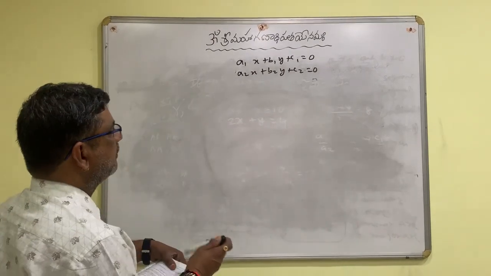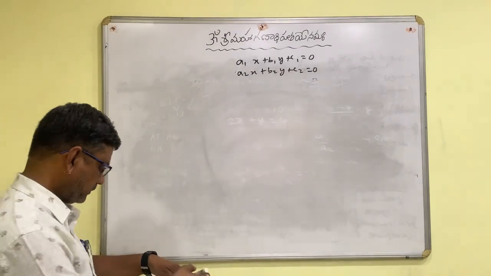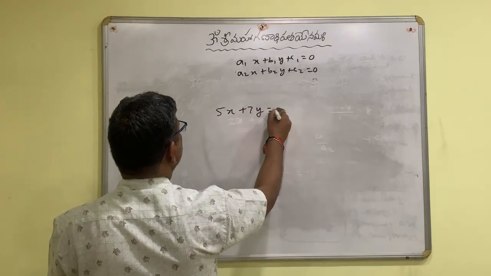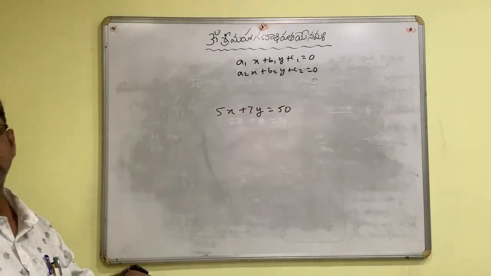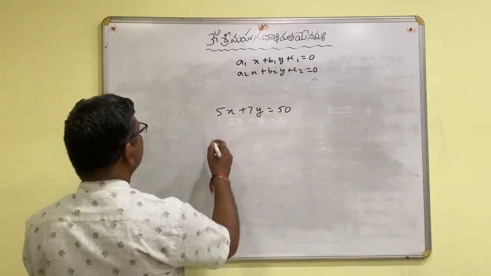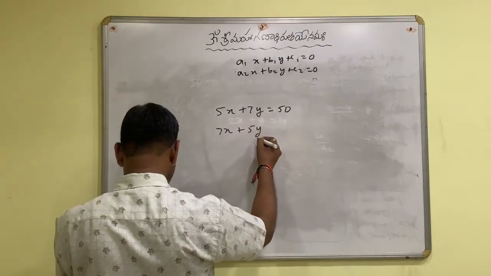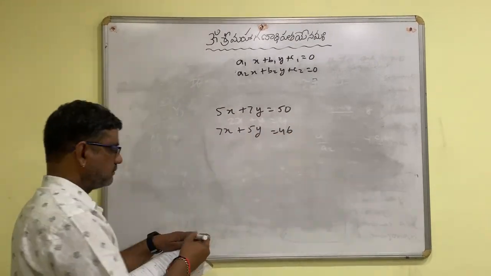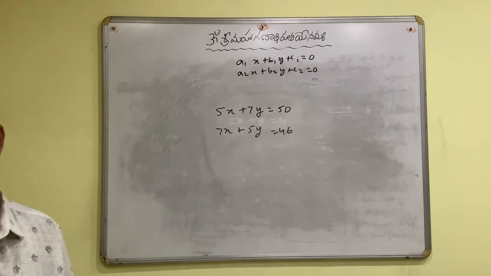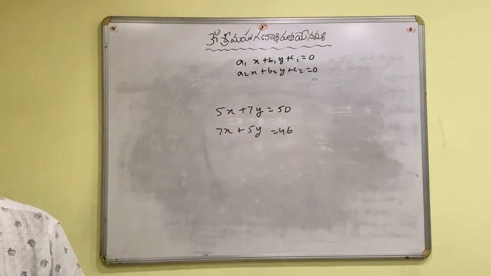Now you need to tell me what kind of pair it is. 5 pencils, 7 pens, 50. Seven pencils, 5 pens, 46. Here x is the cost of each pencil. y is the cost of each pen. What kind of pair is it?